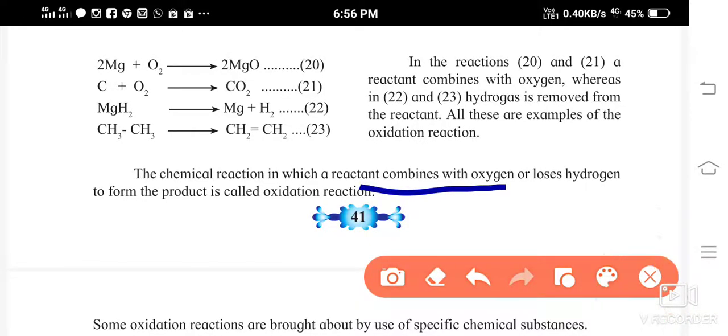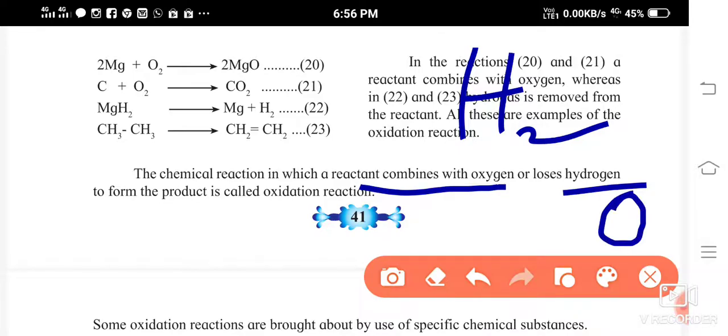There it combines with oxygen, but in this oxidation reaction it is going to lose hydrogen, while in reduction it is going to lose oxygen, to form the product.